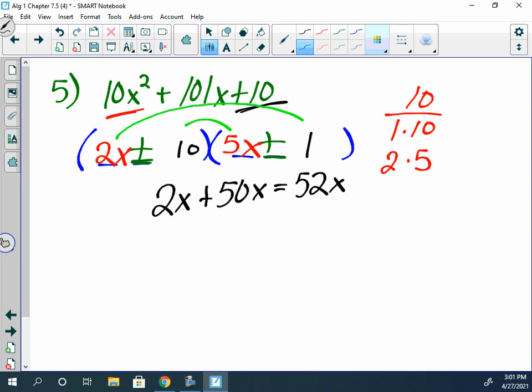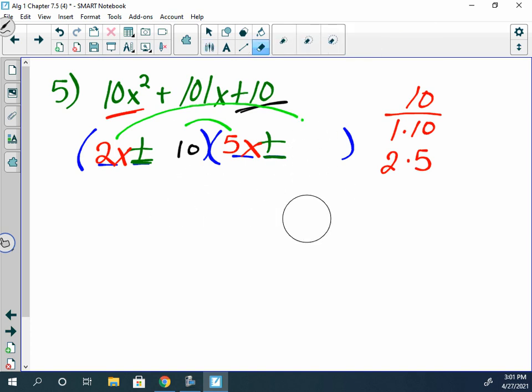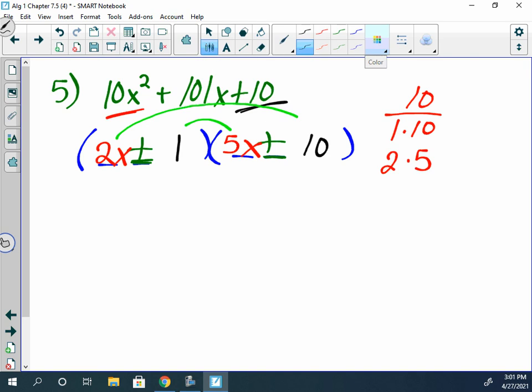Well, that didn't work, did it? Well, the other direction would give us 25x, because 2 times 10 is 20, 1 times 5 is 5. Let's go on and rewrite it. Because if we do 1 and 10, well, 2x times 10 is 20x. 1 times 5 is plus 5x, which gives us 25x.